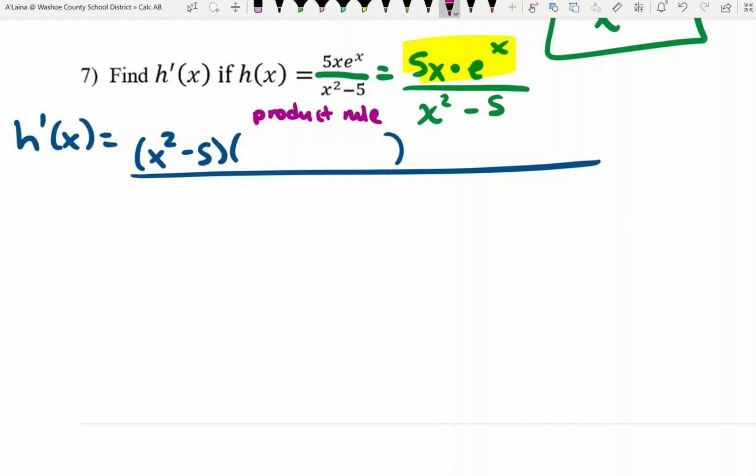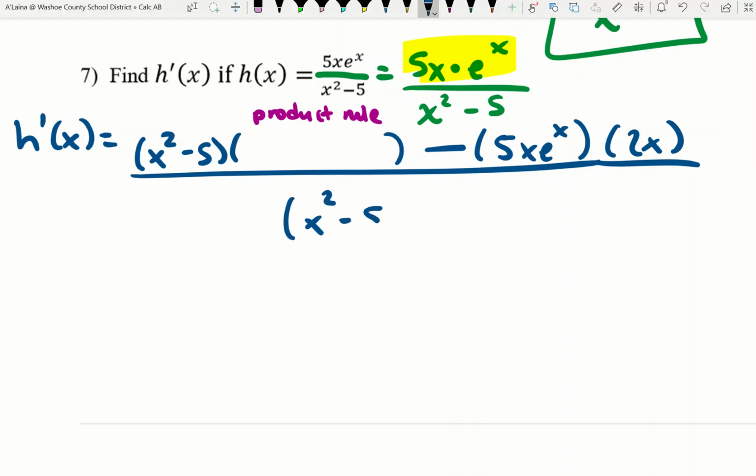So I'll come back to that, okay? Kind of working on my quotient rule a little bit more. I will subtract from this the numerator times the derivative of the denominator. That one's easy, yay. And then divided by the denominator squared, which I'm going to go ahead and never FOIL out. Okay, I'm going to leave that.